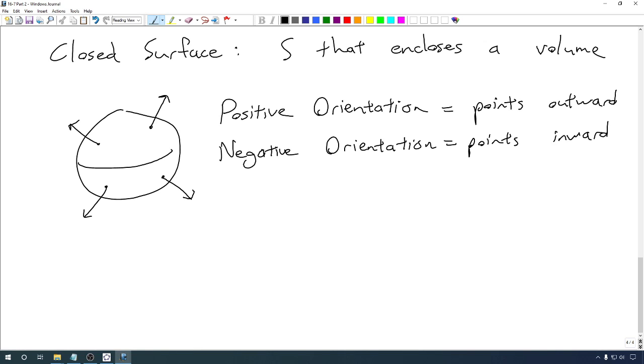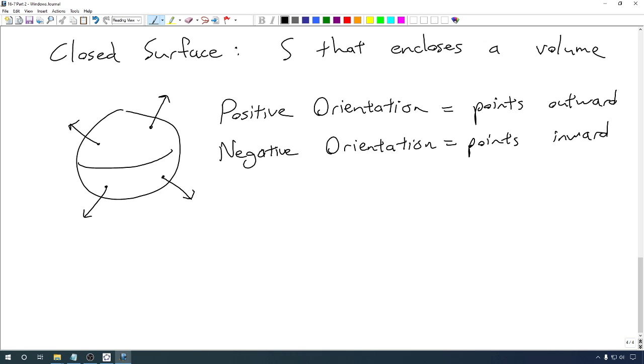If you've taken a look at the summary section of 16.10, you might notice that the divergence theorem is about things that have a closed surface involved, and they specifically draw in the normal vectors pointing outwards, because they want us to know that we're dealing with a positive orientation in that theorem.